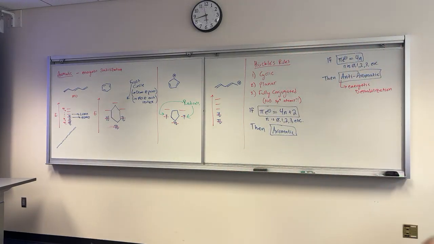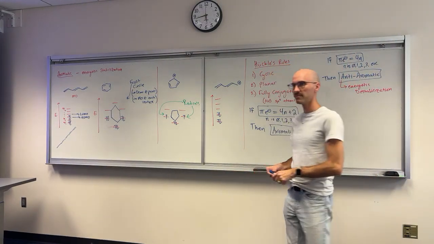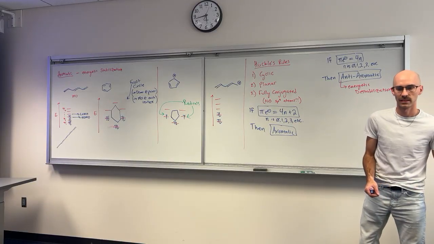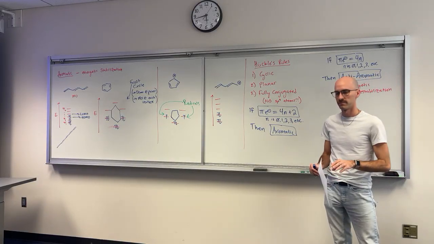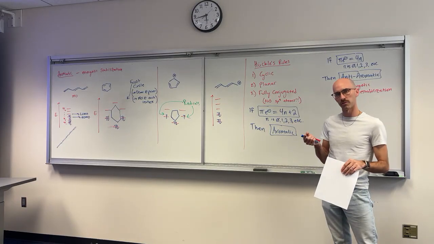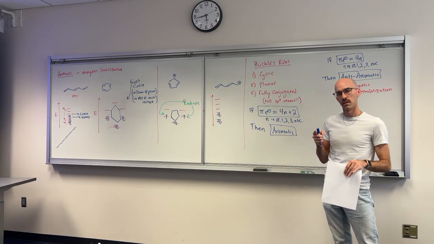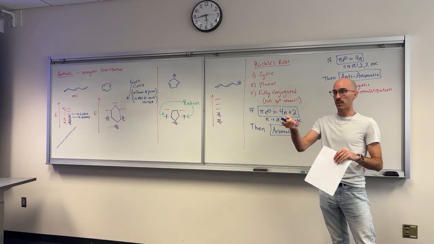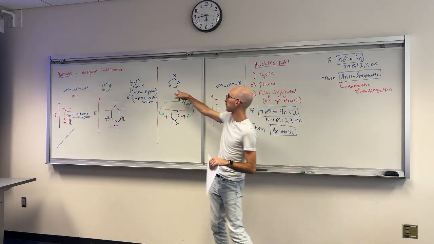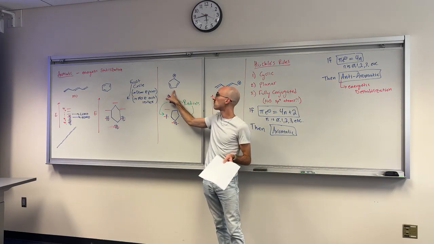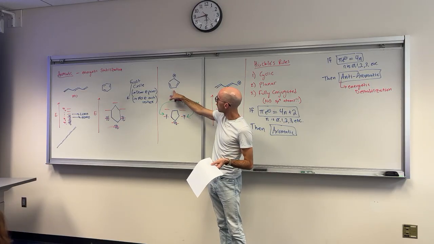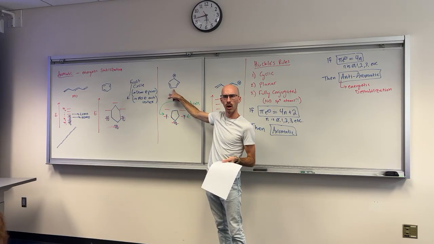It's like if you have an odd number of pi electrons or a multiple of 4. You will not have an odd number of pi electrons. If there is an odd number, then there's a literal radical. Cameron earlier was asking, how do we draw the radicals in here? We don't. And the reason is that this resembles the HOMO of the structure.